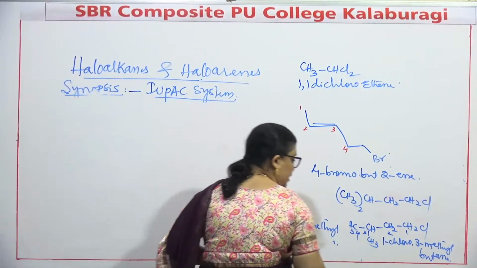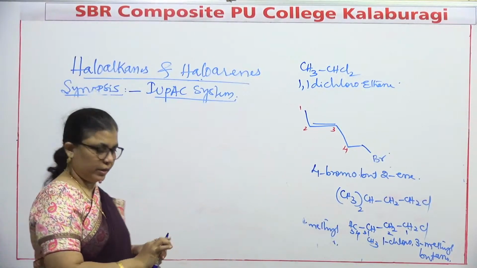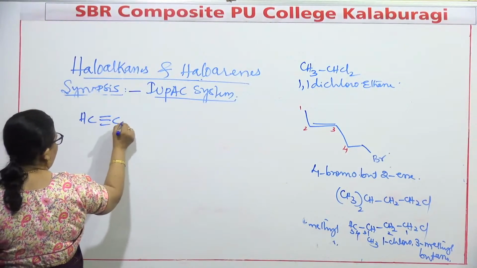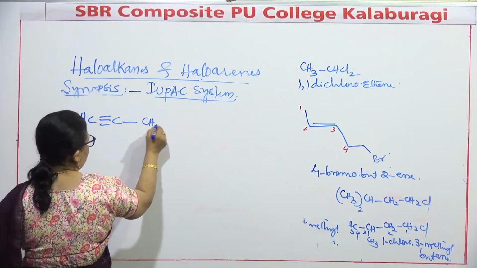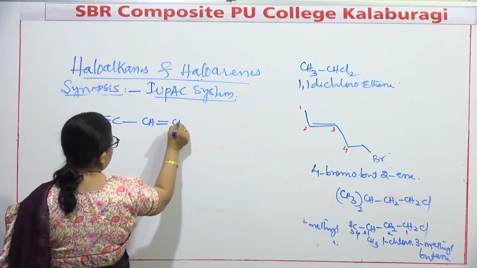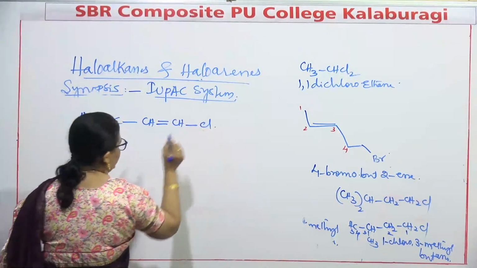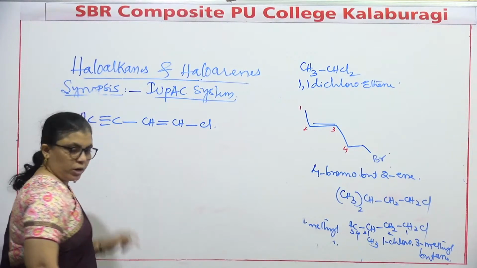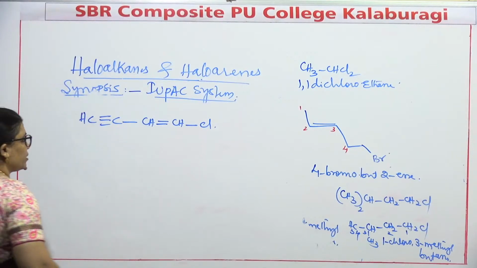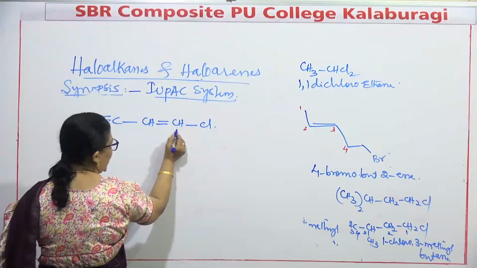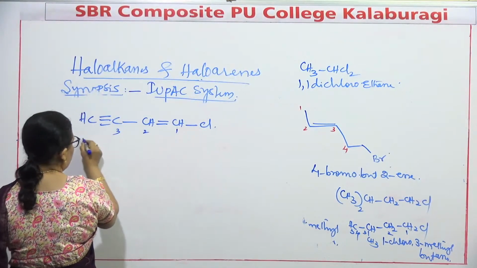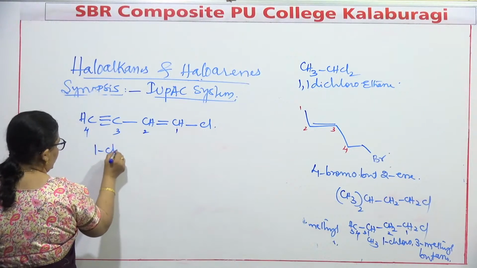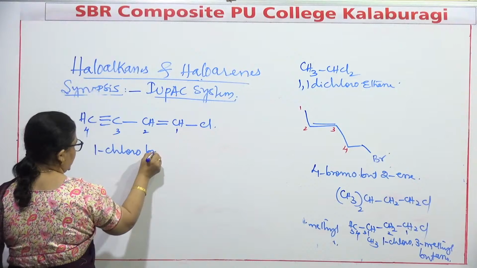If a molecule contains a double bond and a triple bond both, correct? Like this. The molecule may be like this, okay? Here the molecule contains a double bond and a triple bond both. The carbon containing halide is 1, 2, 3, 4. Correct? At the first carbon atom there is a chloro. 1-chlorobut.